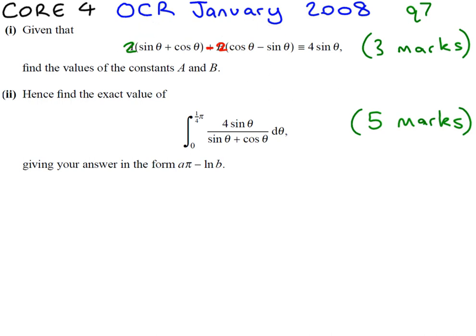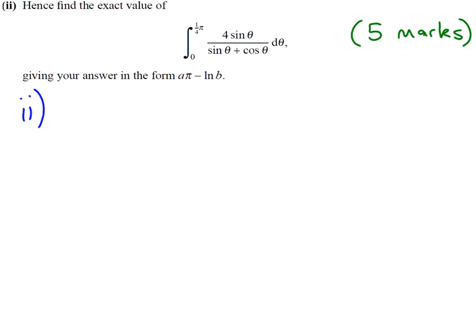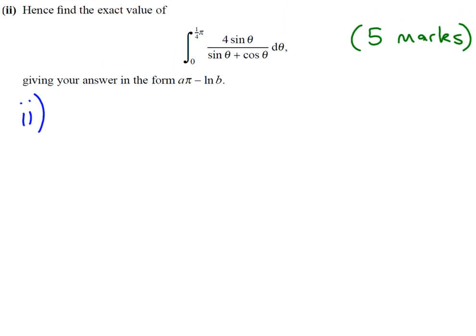Looking at part 2, we have to evaluate an integral. So it says hence, and that means you're going to use what you've already done. Do not ignore that word, because that question on its own is very, very tricky. Because it's a hence, we can change this to what we just did. So we're going to be finding the integral between 0 and pi over 4.